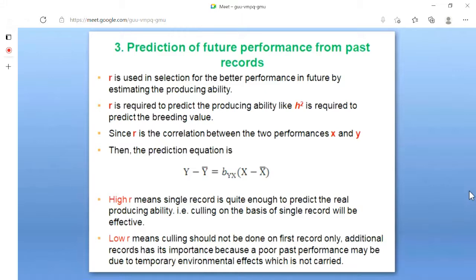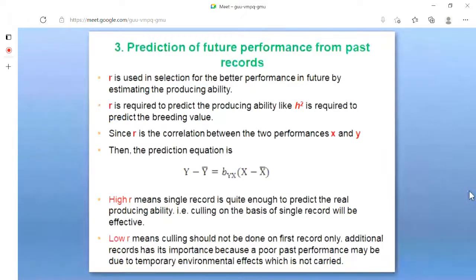So the simple thing is, if the value of repeatability is very high, then you can select or predict on the basis of the first record. Say in the first farrowing the litter size is 12 piglets.